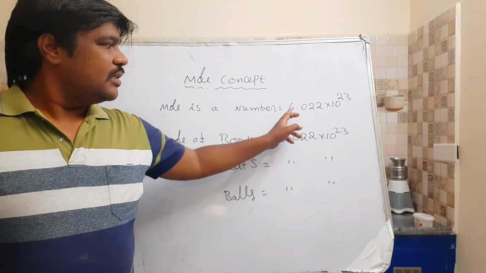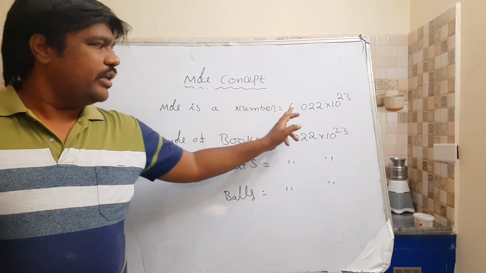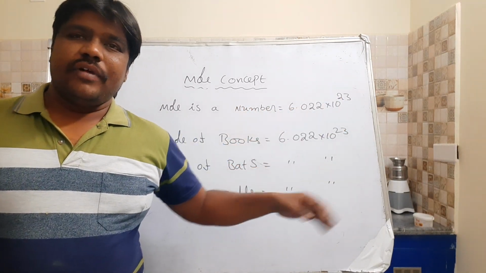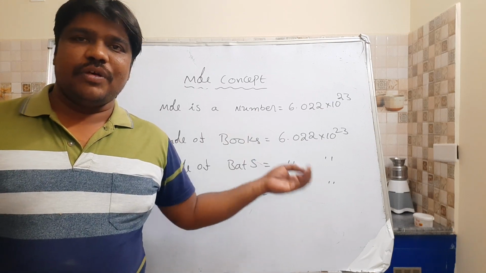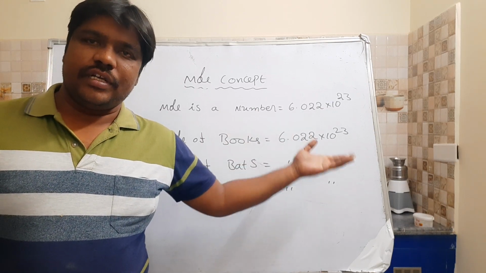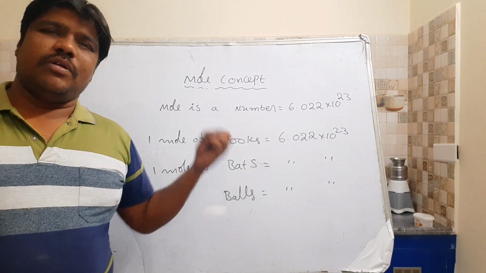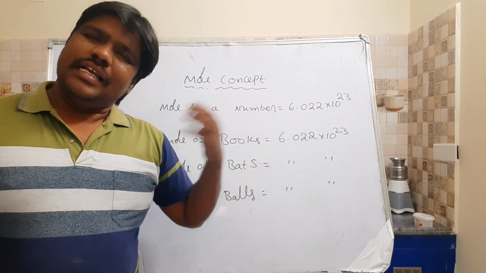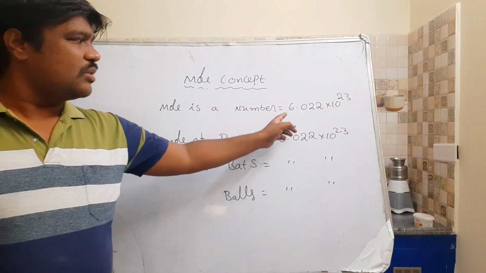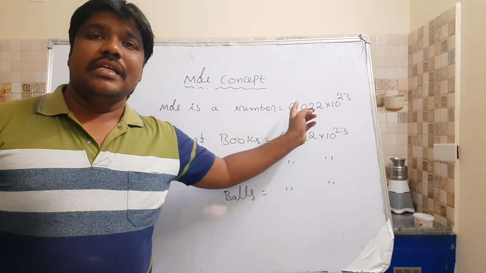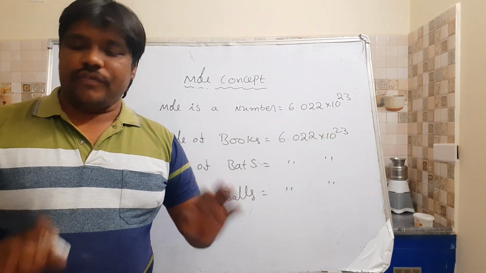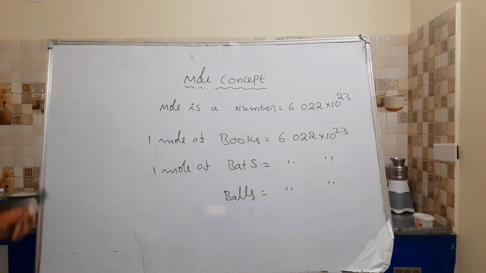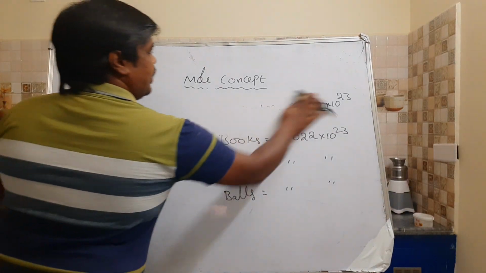Just memorize that the value of 1 mole is 6.022 into 10 to the power of 23. 1 mole of molecules, 1 mole of books, donkeys, buses, trains, planes, 1 mole in the sense this number. This is the number you have to memorize, 6.022 into 10 to the power of 23. That's it. Right, students? Just keep this in your mind.